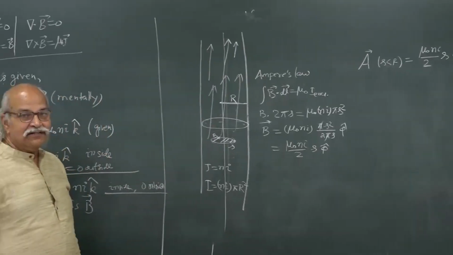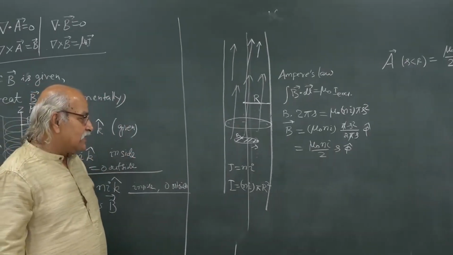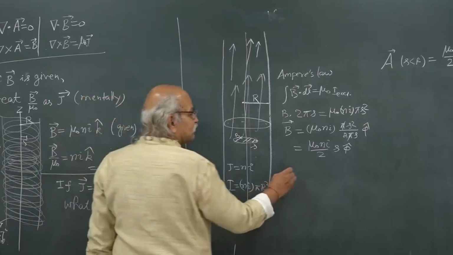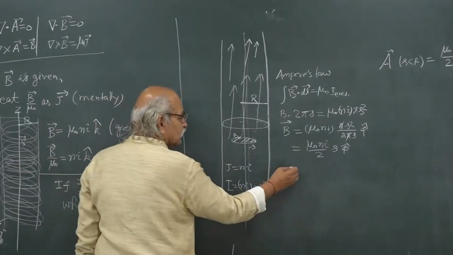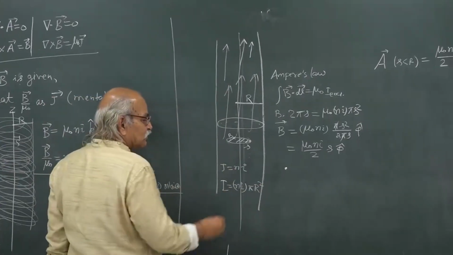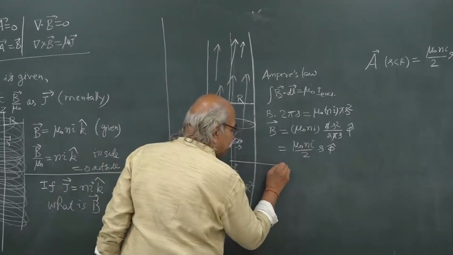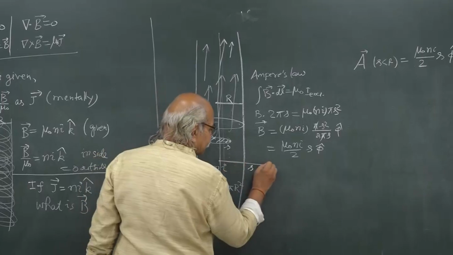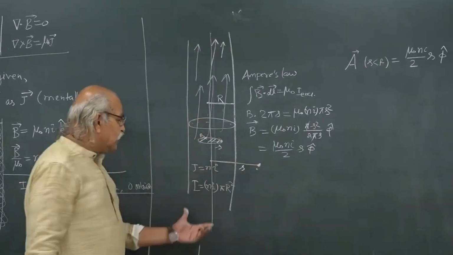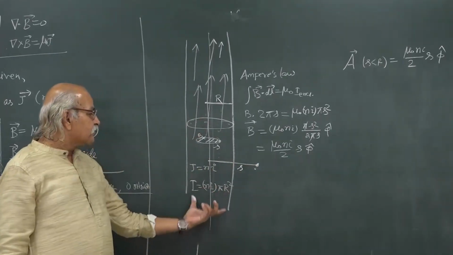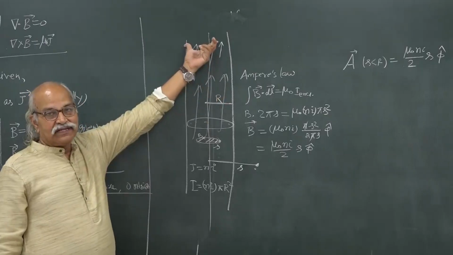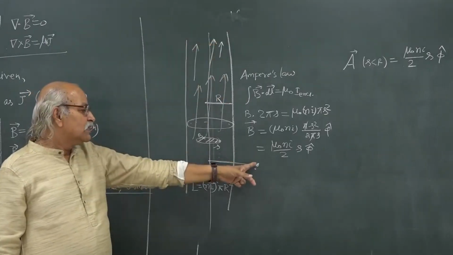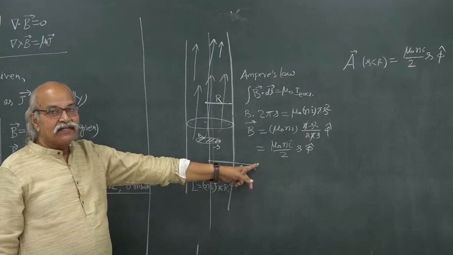What about outside? Outside is even simpler. I remember the formula, and therefore you also remember the formula. If it is an outside point at a distance s from the axis, and you have this much current I going in z direction, what will be the magnetic field here?